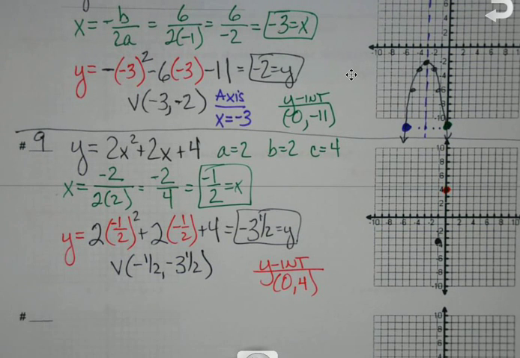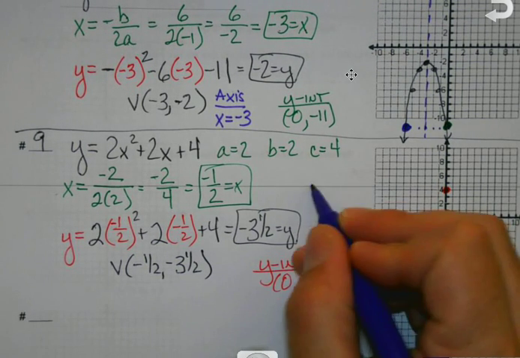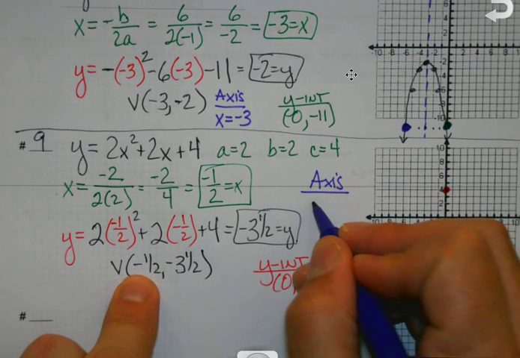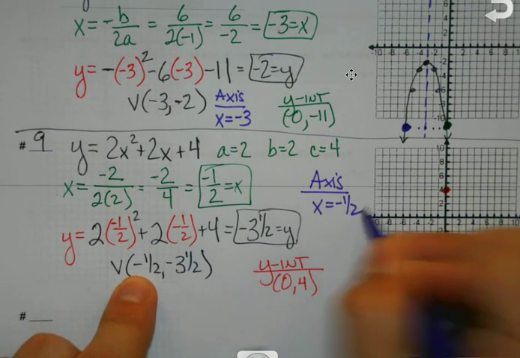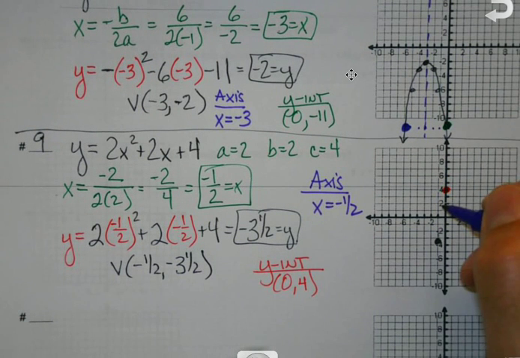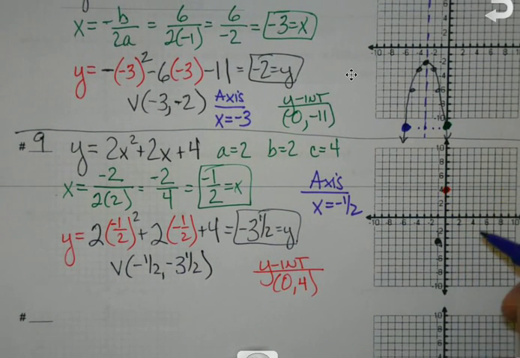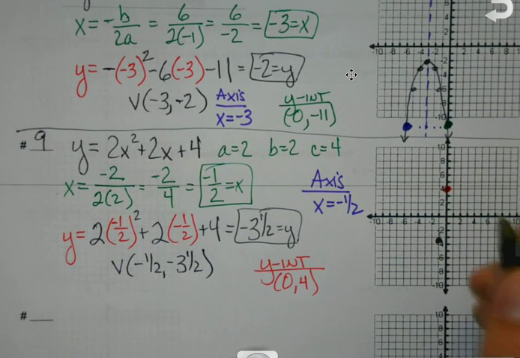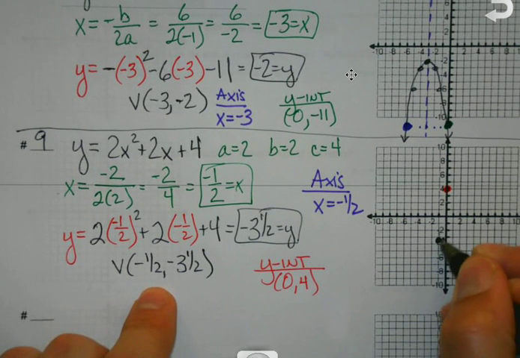Well, let's see. If that's the case, my axis of symmetry is x equals negative 1/2. Oops, did I go over too far? Oh, I did. Negative 1/2. This is where I wish I had white out.